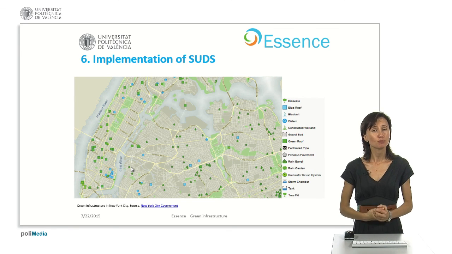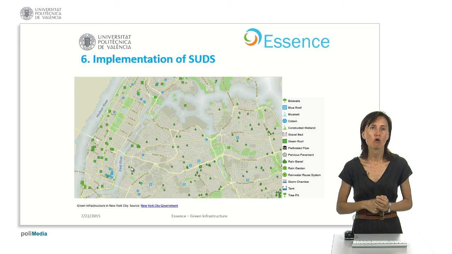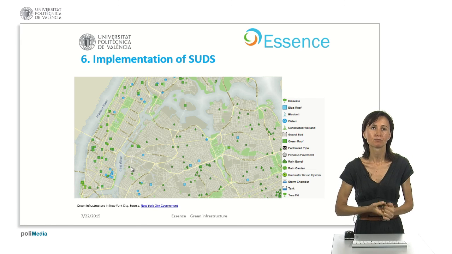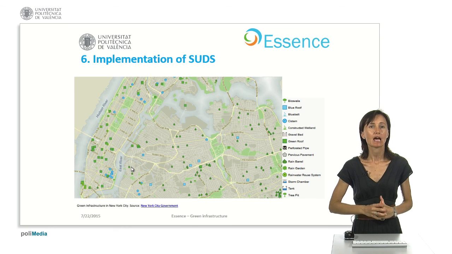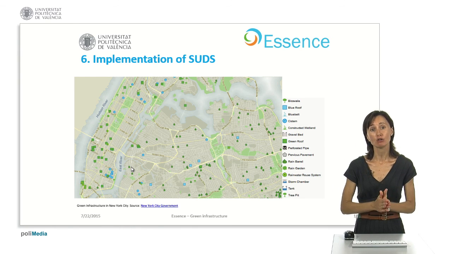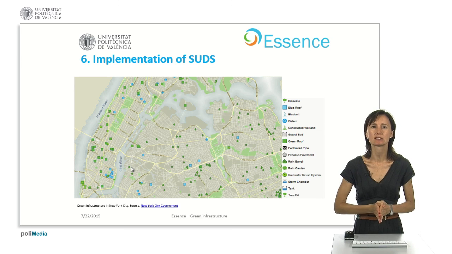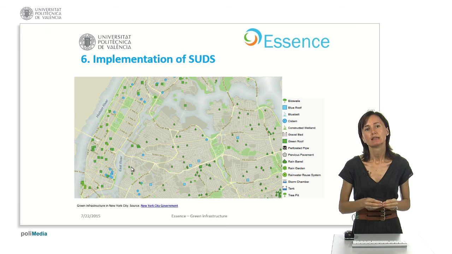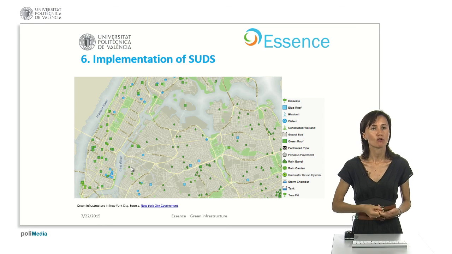Many of these elements are nowadays being used in many cities around the world, and here you have some examples. For instance, in New York, they have a master plan of green infrastructure since 2010, which promotes the natural treatment of surface runoff.